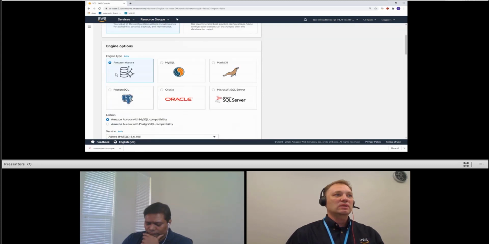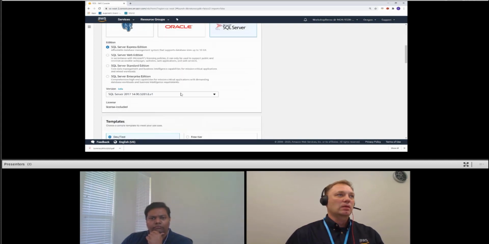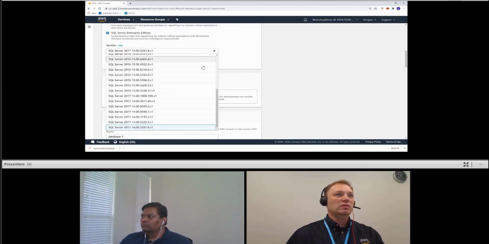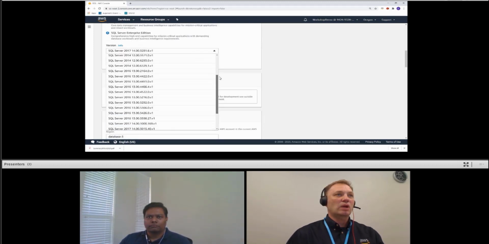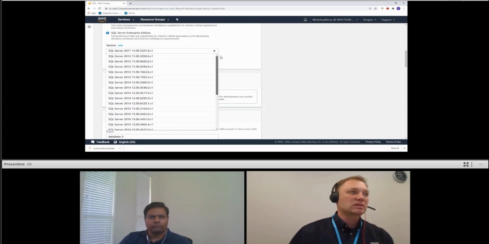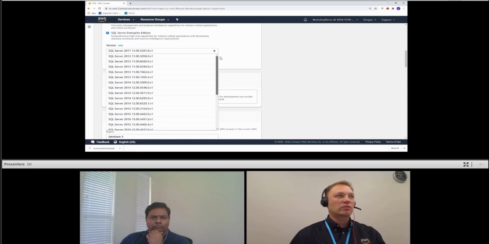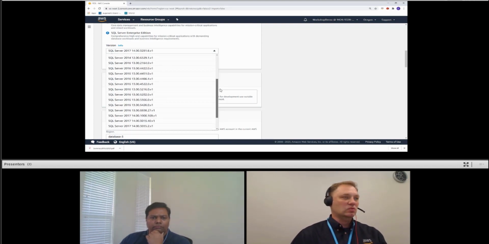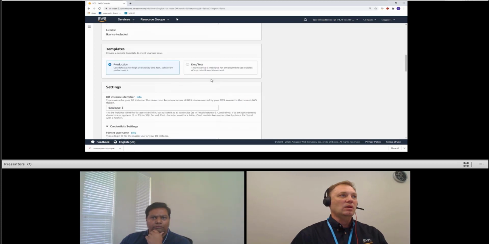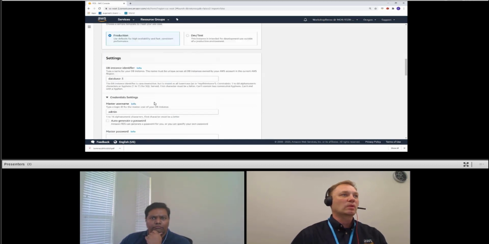As I mentioned before, 6 different engines are available. We pick SQL Server, obviously. Let's pick Enterprise Edition. And here in the version dropdown, as I mentioned, on RDS we support all officially supported engines starting from 2012. I'm going to pick the latest one. This template selection just controls some of the default settings for the form.